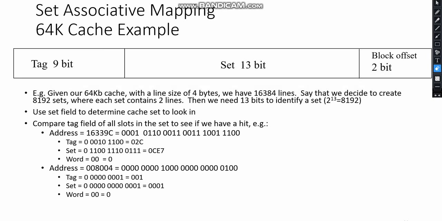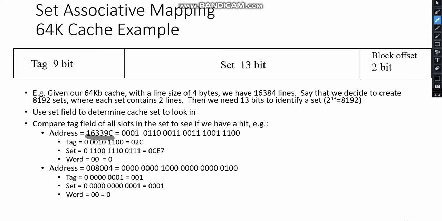Here in our example, we are given a 64 KB cache, that means 2 to the power of 16 bits, so the total address is of 16 bits and it is divided as 9 bits for the tag field, 13 bits for the set bit and 2 bits for block offset. Let us take an address 16339C.